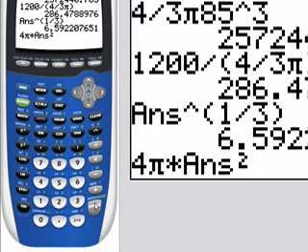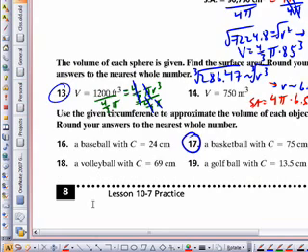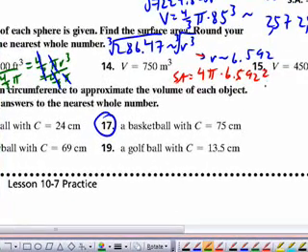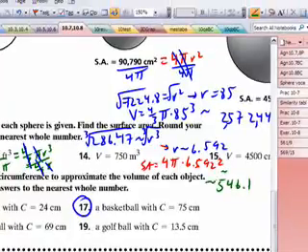And so that comes out to approximately 546.1. And we started in feet cubed for a volume, so now we're going to be in feet squared for a surface area.